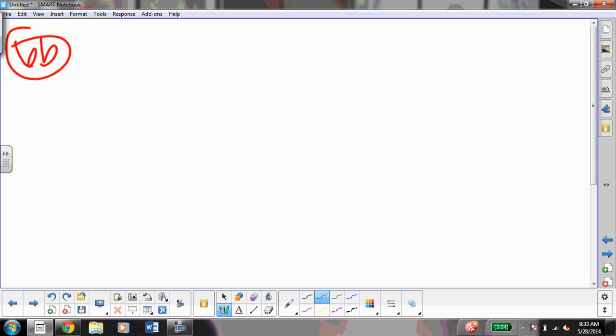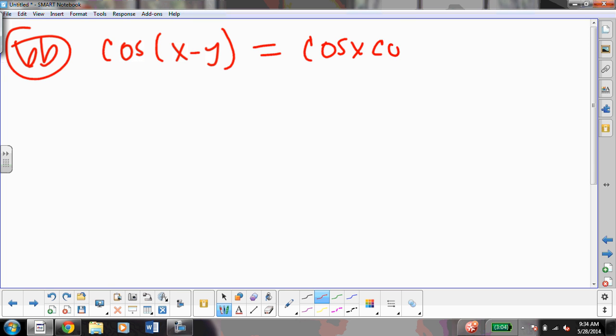6B asks us to find the cosine of x minus y. This identity follows the pattern: cosine of x, cosine of y, plus sine of x, sine of y.